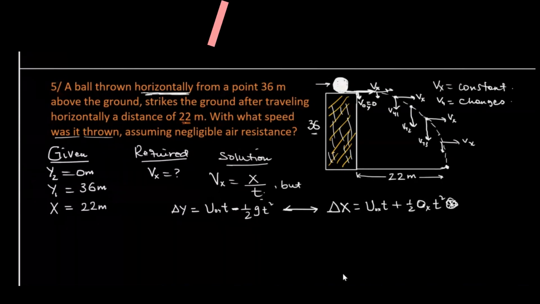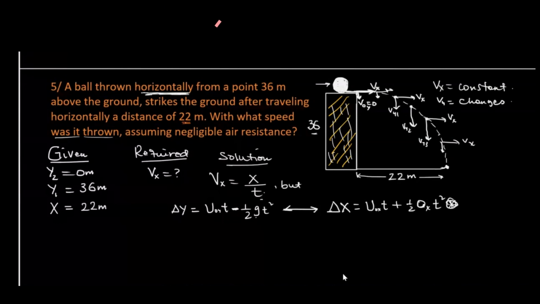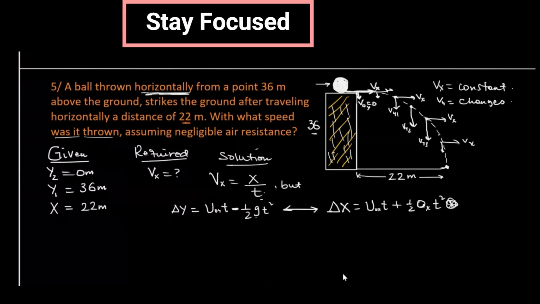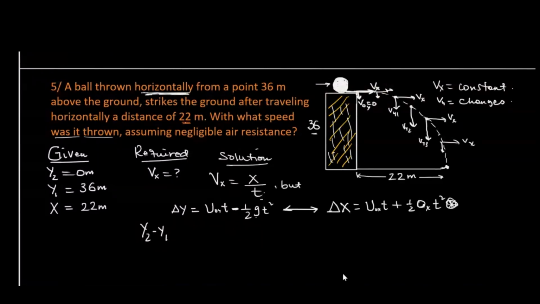Why did I choose this one? Because g is known, and delta y is known because I have two y's, y1 and y2. So I can substitute: y2 minus y1, which is delta y, equals v naught y t. What is this v naught y t?